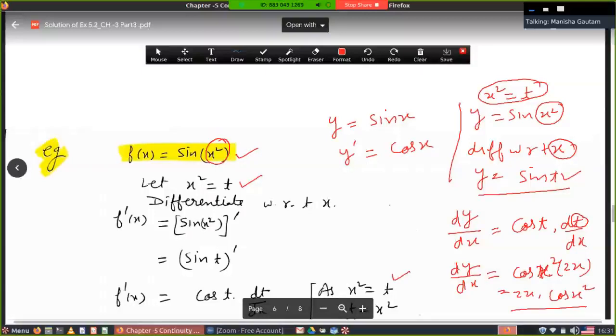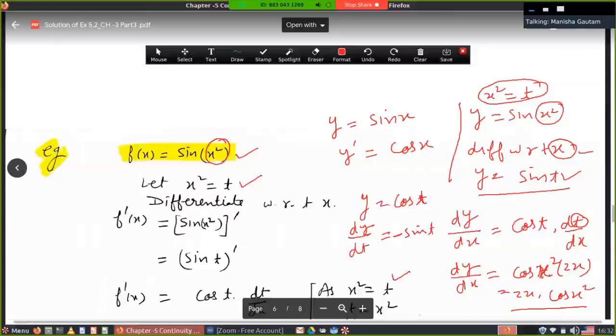This is the way to reach the derivative of the function with respect to x. If it is with respect to t, suppose y is equal to cos of t is given to you and you want dy upon dt, then it will be minus sine t.